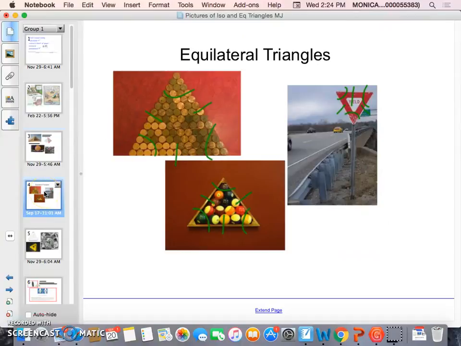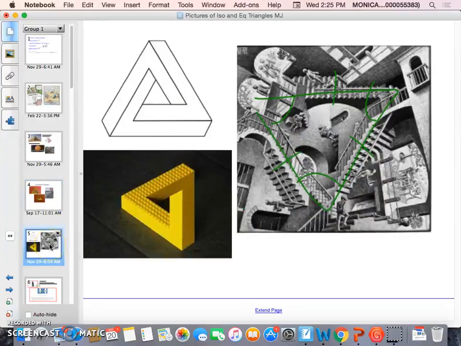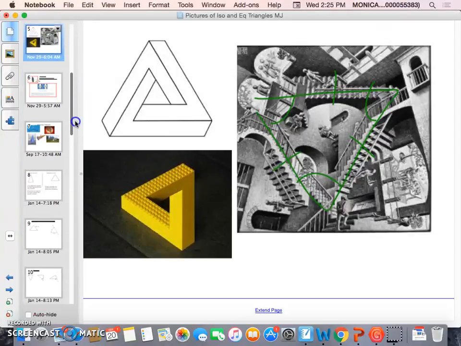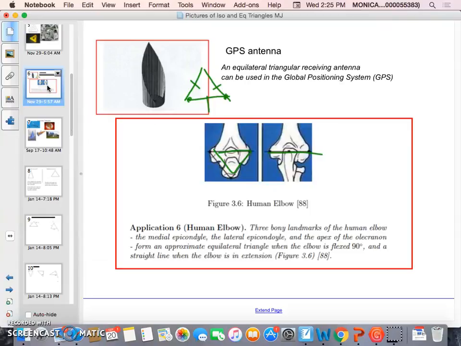Here we got some equilateral triangles: the yield sign, a pyramid of pennies, and if you play pool, that's an equilateral triangle. If you're into art, M.C. Escher, his art is based off of equilateral triangles. And if you're into mapping GPS systems, this is the GPS antenna.